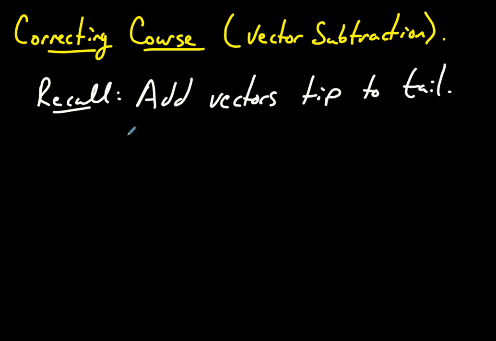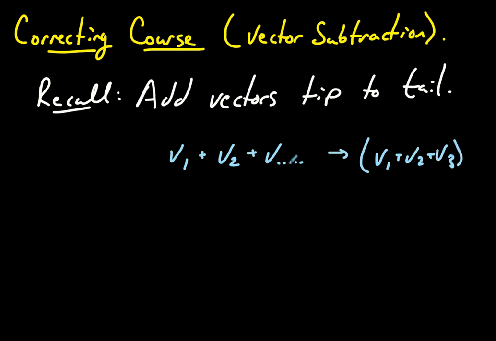Adding vector 1 plus vector 2 plus vector dot dot dot is really just v1 plus v2 plus v3. That's kind of what we've talked about before. If we put it graphically, that could be go this way, followed by that way, followed by, I don't know, whatever.